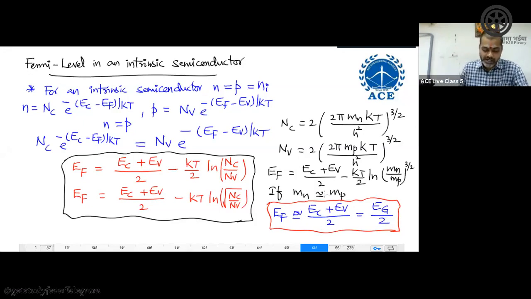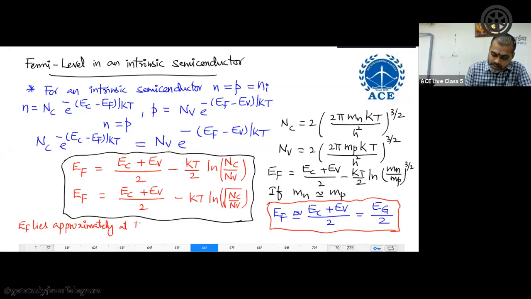So what I can say now, I'll write here itself: Ef lies approximately at the middle of the energy gap for an intrinsic semiconductor material. That is important. I'm not generalizing.